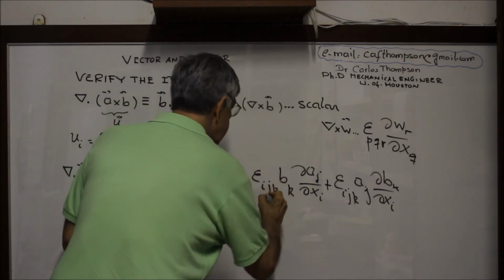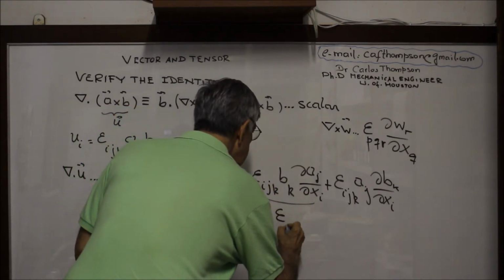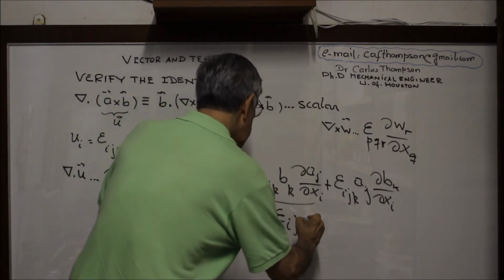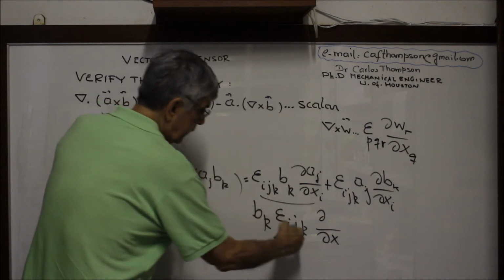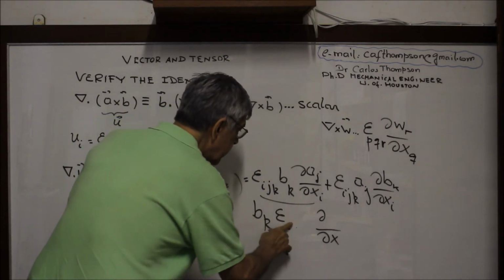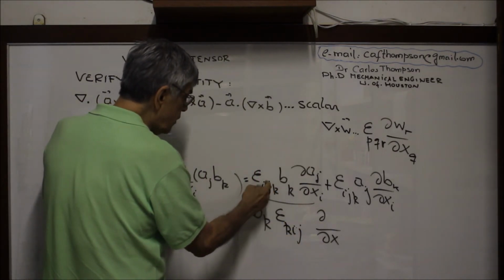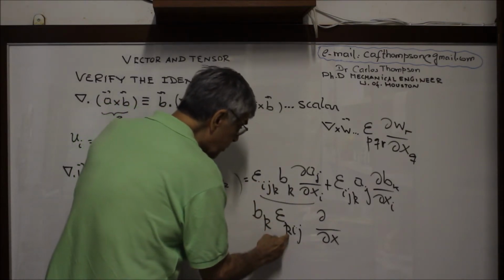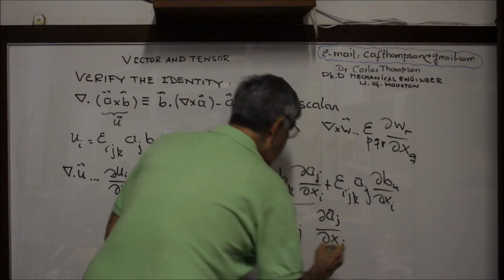So this is equal to BK epsilon ijk, partial of AJ with respect to xi. Now, K here can move once and twice, so this is equal to epsilon Kij, because I moved it twice. Once changes the sign, and twice changes the sign again. So epsilon ijk is epsilon Kij.